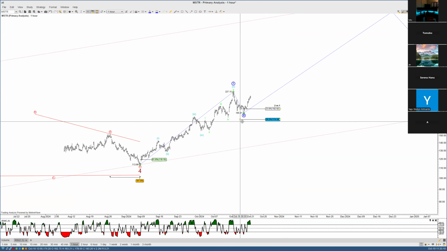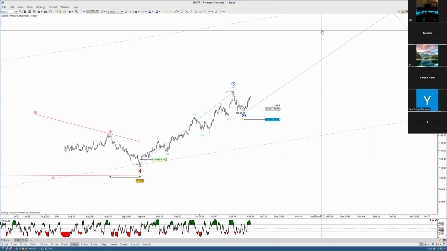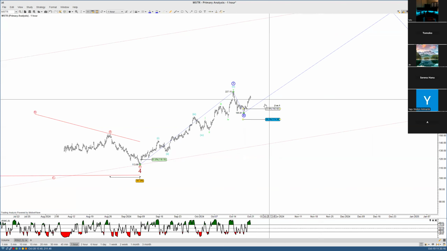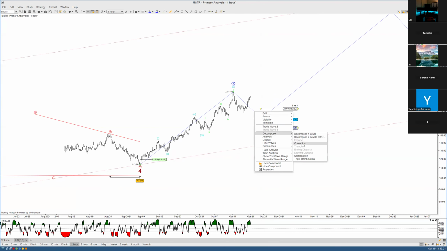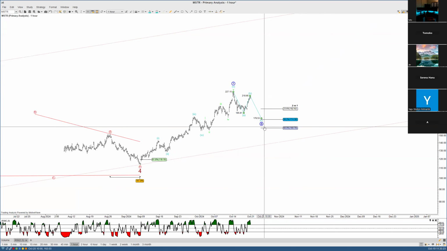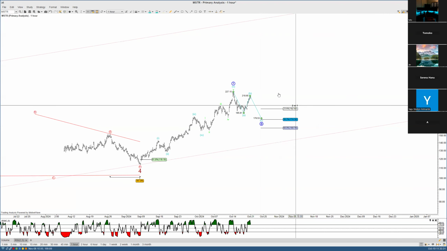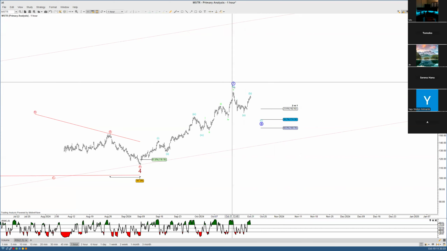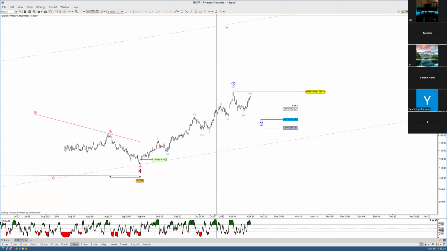It satisfies the count with 2, and then it's just going to be ready for 3. If it is not, then can we leave something like this? Then we just take 1 leg here and go. So regardless, here's your resistance, here's your support.